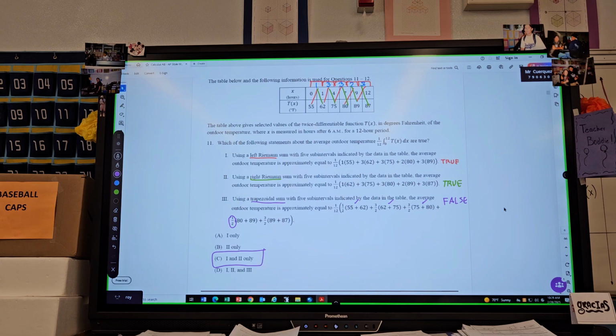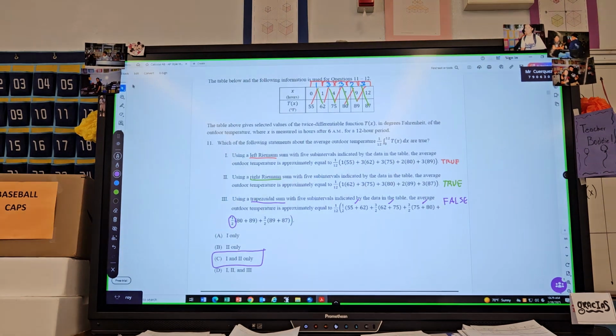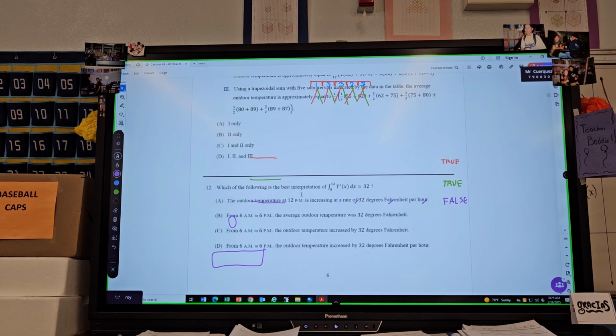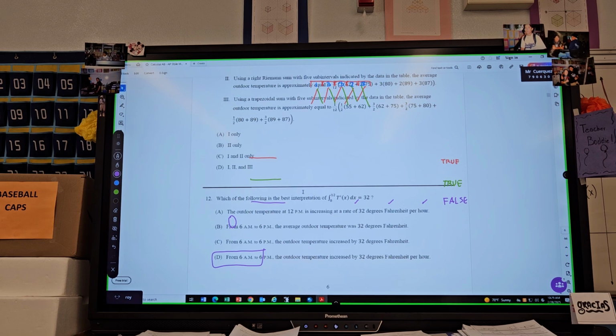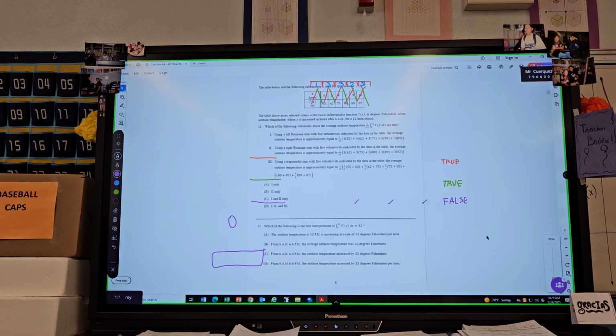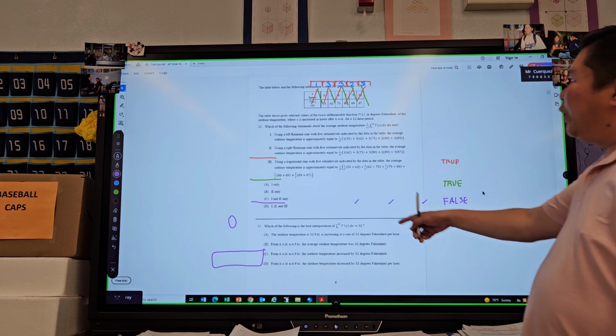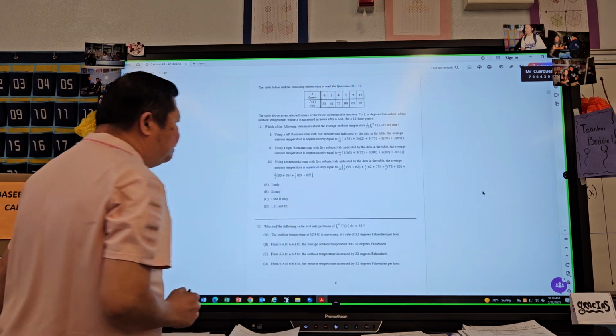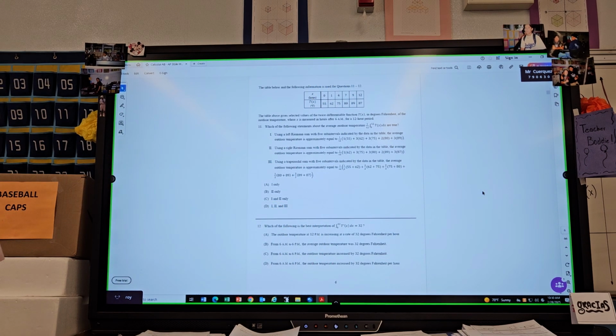So moving on to number 12. Number 12, we are still basing our answer from the table. And what does it say?